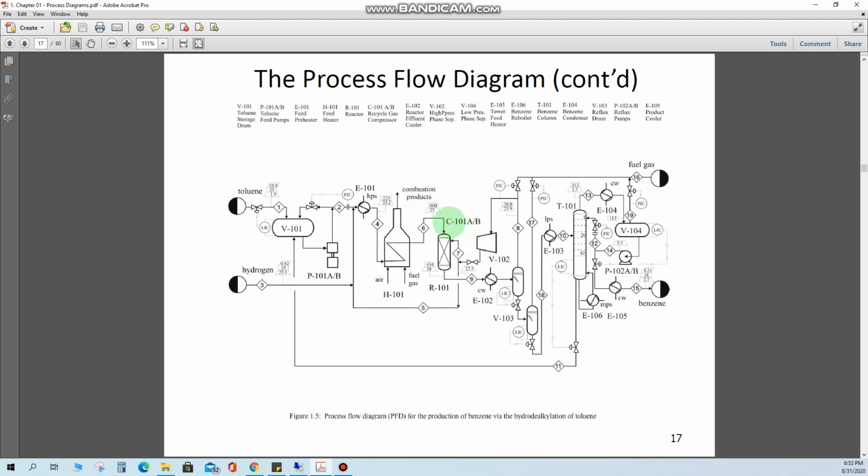So C means compressor, 100 is the area, and 1 is the number of this unit, and AB represents that maybe there are two compressors on this pipeline that can be used in case one compressor is out of order. Okay, now this is how you can designate different equipment in the process, to avoid any confusion and to trace any equipment if some fault happens.